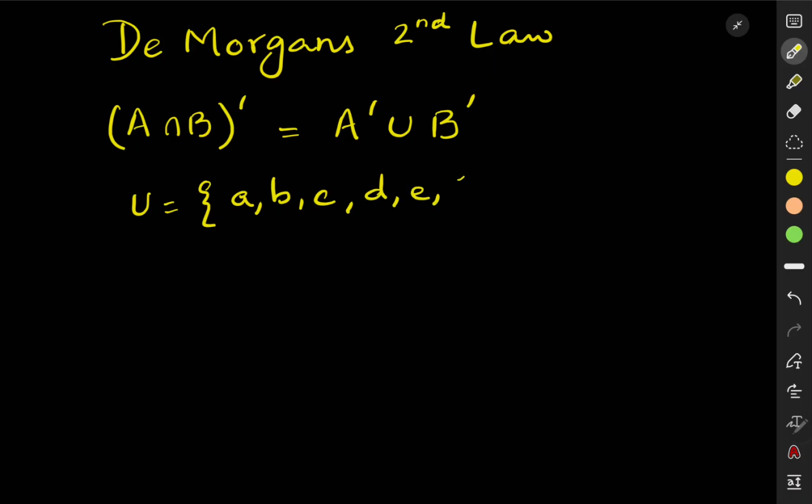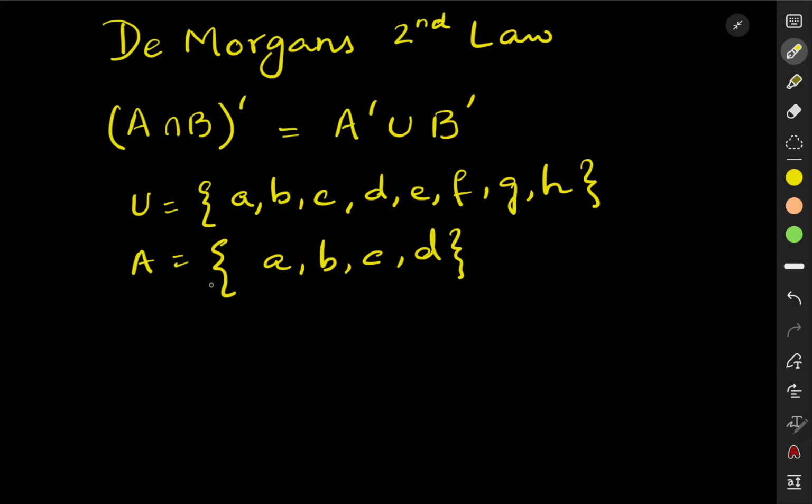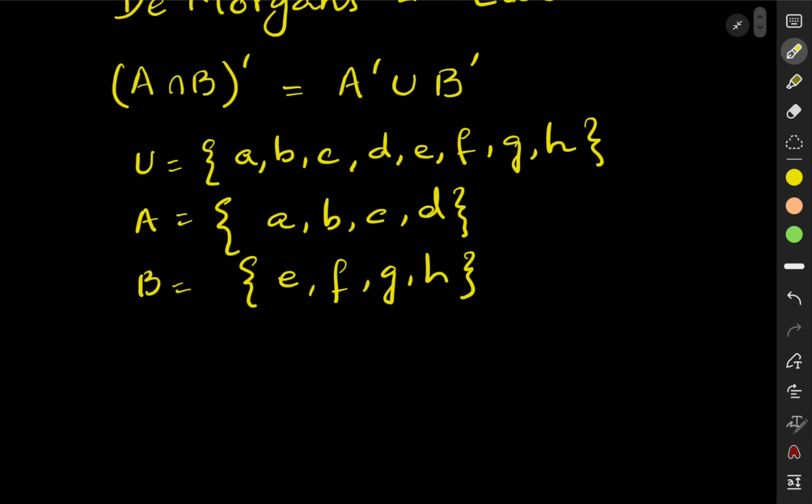D, E, F, G, and H, and A set which has members A, B, C, and D. B set which has members E, F, G, and H. Now we prove the second law, that is, it has left hand side and the right hand side.